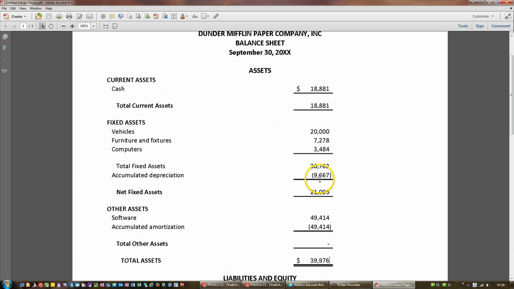And for this year, part of that $4,000 is already in here. That lets us know that the value on the books of our fixed assets is $21,000. Now the book value is not necessarily market value. It could be that this $20,000 vehicle is really valuable, and we could sell it for maybe $25,000. We're talking strictly book value, based on what we bought the fixed assets for.